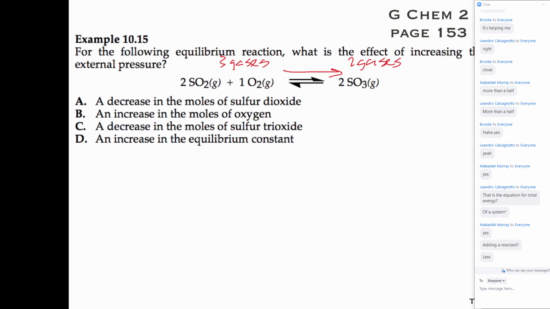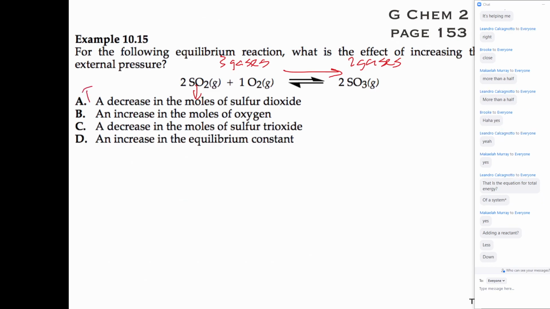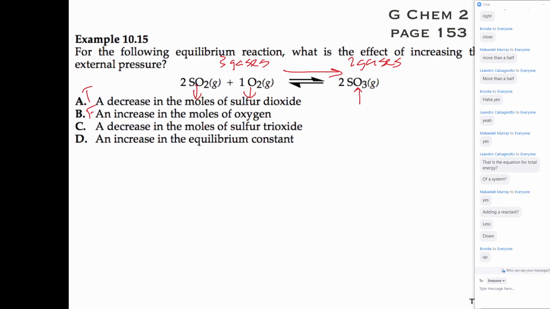So in that case, what would happen to the moles of sulfur dioxide? They would go down. So that's true. What would happen to the moles of oxygen? They go down, that's false. What happened to the moles of sulfur trioxide? They would go up. Making that statement false. And then what would happen to the equilibrium constant?